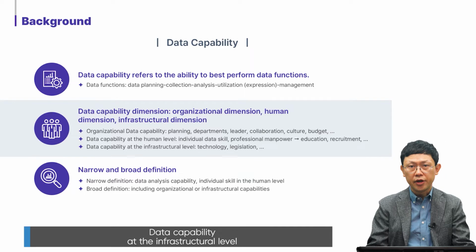Data capability at the infrastructural level includes infrastructural elements that support the operation of organizations or people, such as technology, legislation, etc. The narrow definition of data capability focuses mainly on the human dimension, such as data analysis capability or individual skill at the human level. On the other hand, a broad definition would involve competencies at the organizational level or the foundation level.